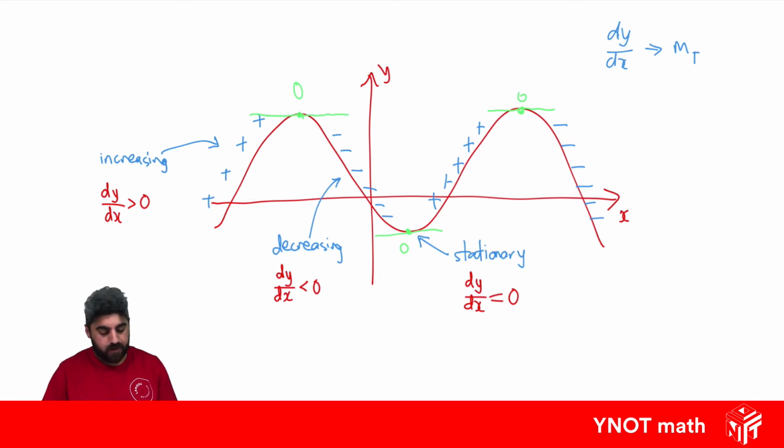We can have a few types of stationary points. One here, we call a maximum turning point. So turning point and stationary point are similar. We call this one up here a maximum turning point. And one like this, we call a minimum turning point.